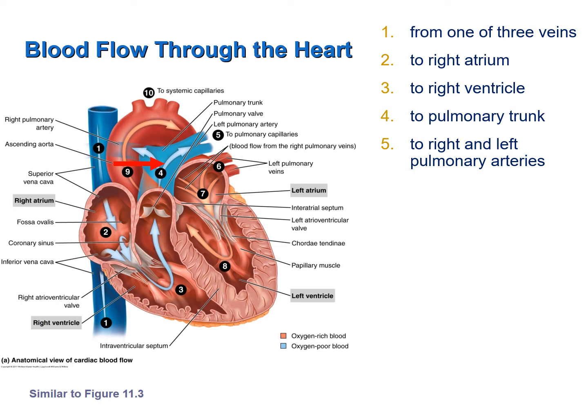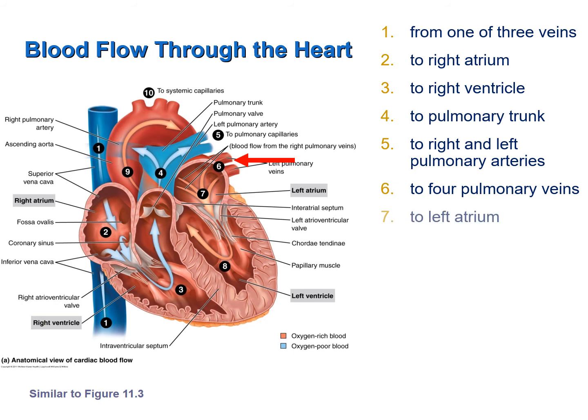There, oxygen is loaded, carbon dioxide is unloaded, and then oxygenated blood is brought back to the heart, to the left atrium specifically, through two right pulmonary veins and two left pulmonary veins, bringing oxygenated blood from the right and left lungs respectively.